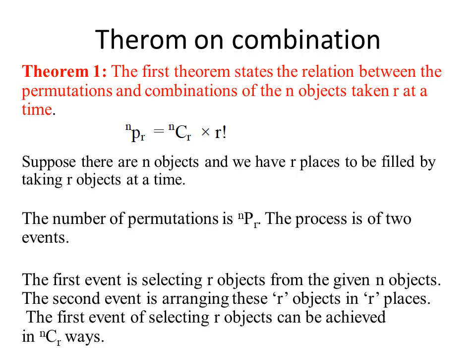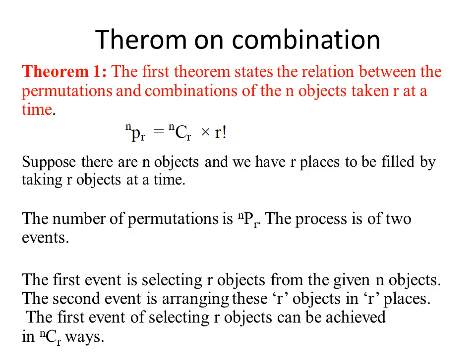The process consists of two events. The first event is selecting r objects from the given n objects, and the second event is arranging these r objects in r places.